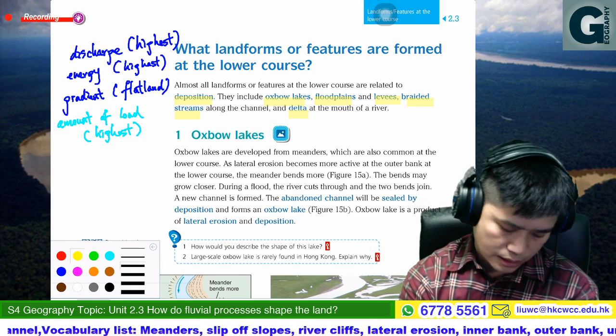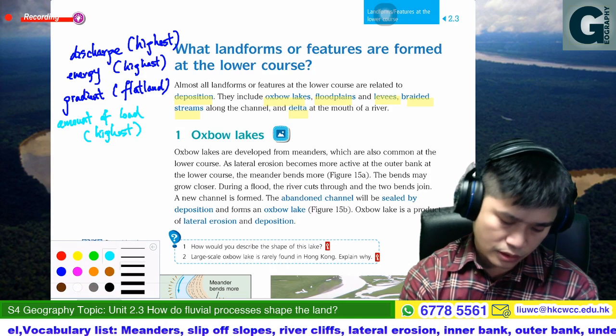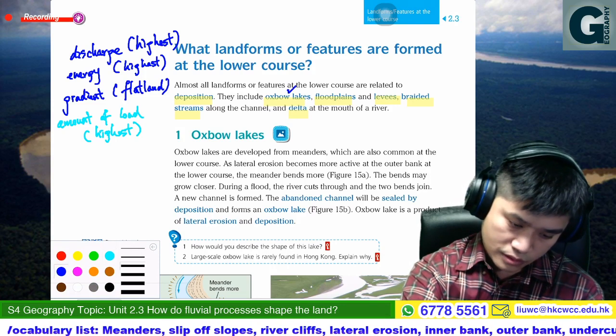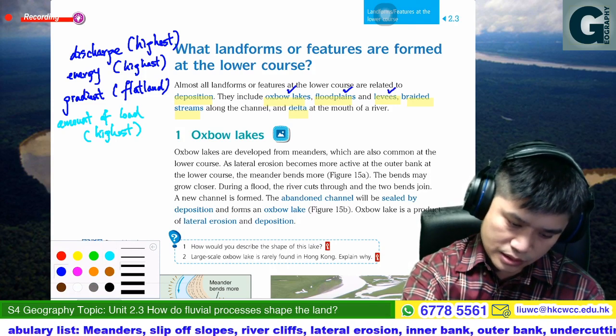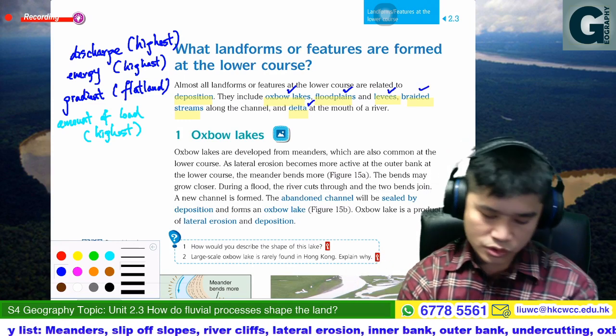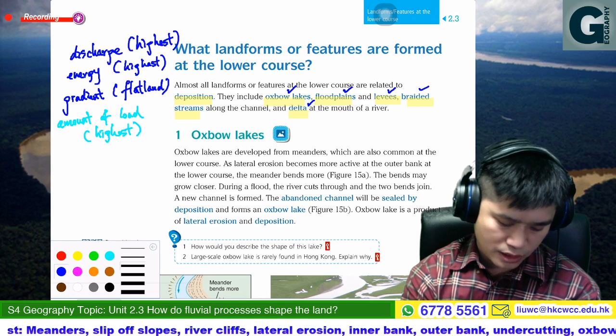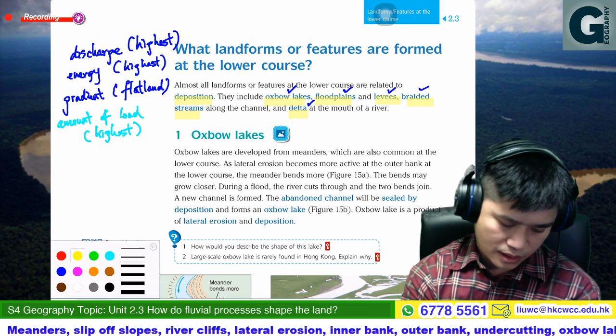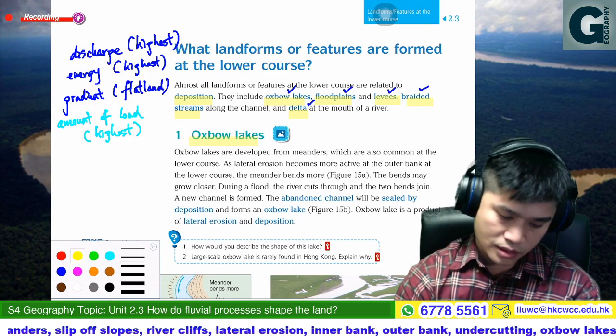So you can see there could be a lot of landscapes in the lower course. And today we're going to talk about the Oxbow Lake.